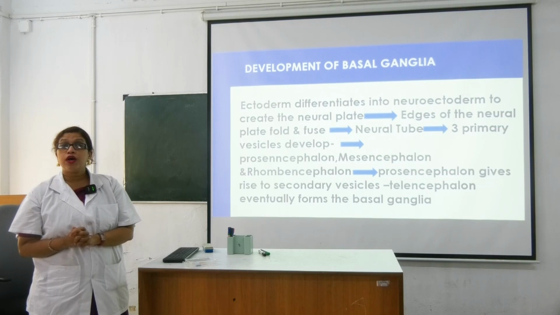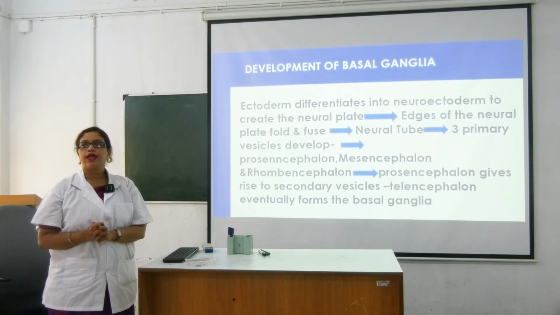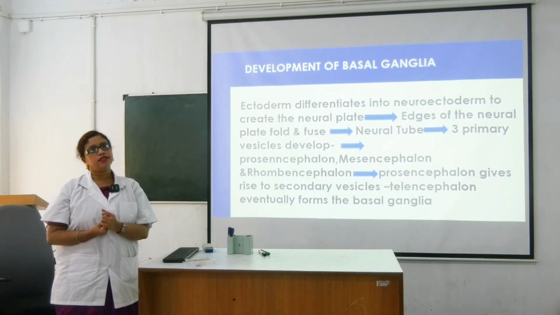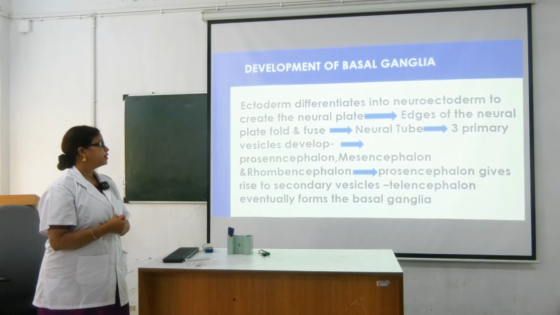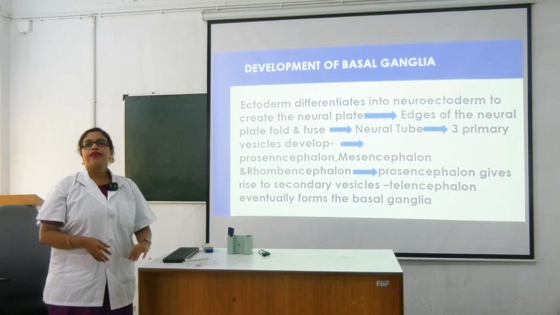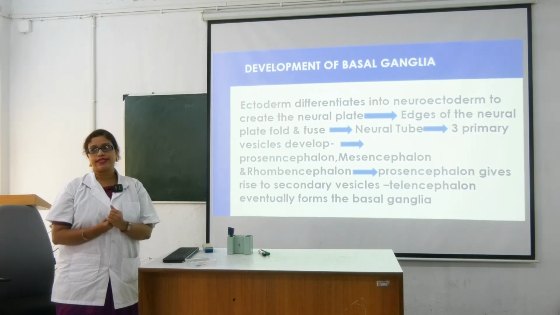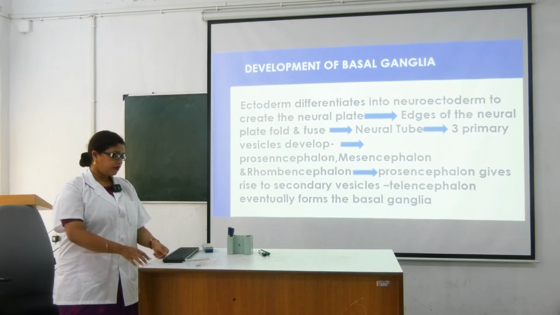The parenchyma of the cerebral hemisphere and the basal nuclei, all the basal nuclei, including the amygdala. ঠিক আছে, সব কটা আসবে এটা থেকে। So prosencephalon will give rise to two secondary vesicles.